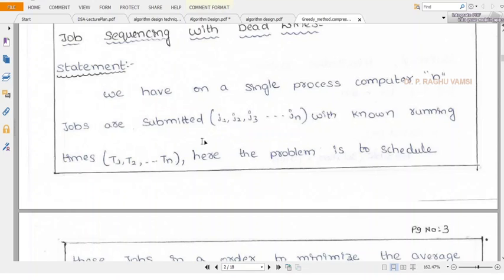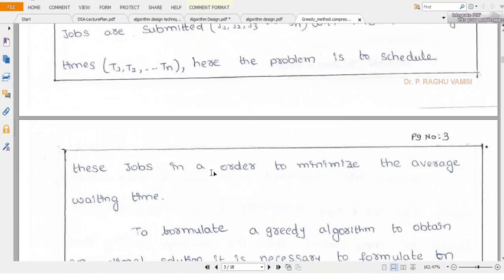That means the first job will complete in T1 time, the second job in T2 time. Here the problem is to schedule these jobs in order to minimize the average waiting time.